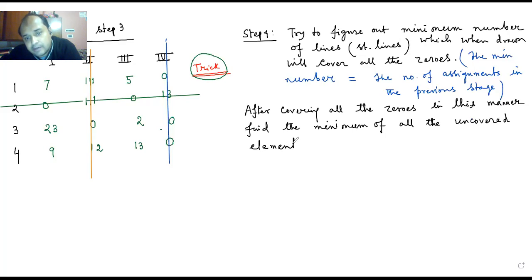Now, what are the uncovered elements? Uncovered elements are 7, 15, 23, 2, 9, and 13. They are asking me to find the minimum uncovered element from this particular set. The minimum uncovered element is 2, and I'm putting a star over here. A star means this minimum uncovered element, which we mark by star. Okay, this job is done. Simple job.